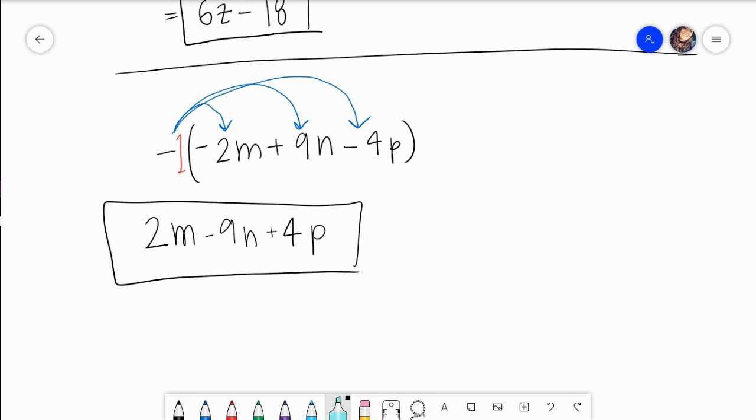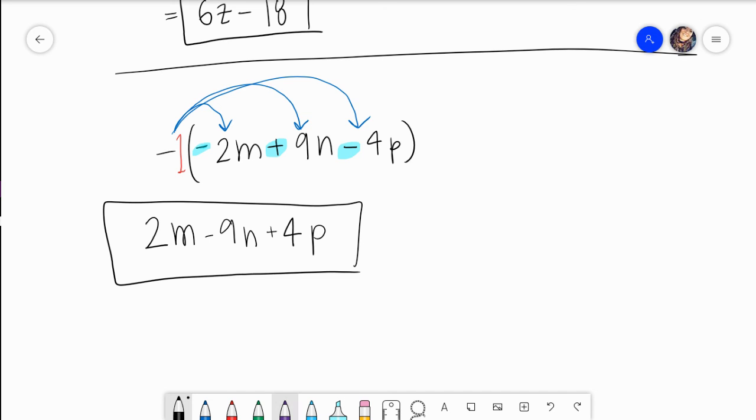I'd like y'all to see if you could recognize this right here. My 2 was negative, and then it became positive. My 9 was positive, and then it became negative. My 4 was negative, and then it became positive.